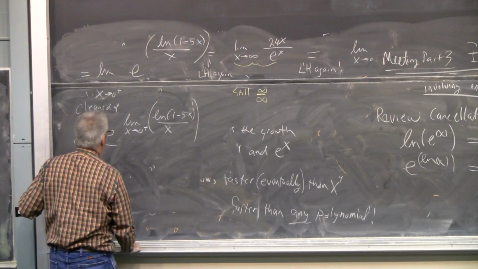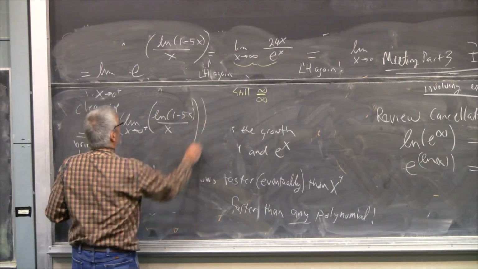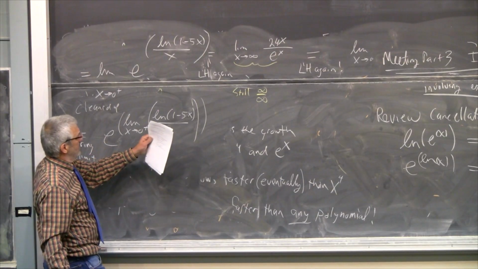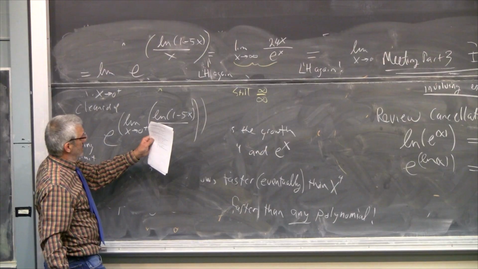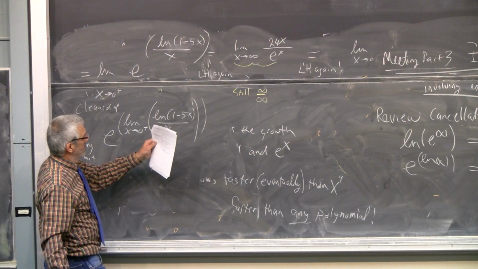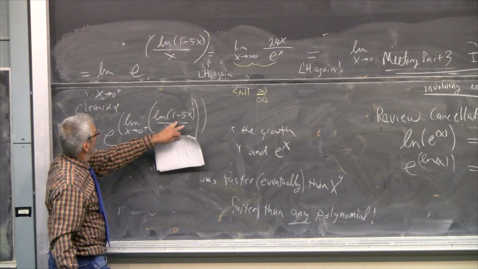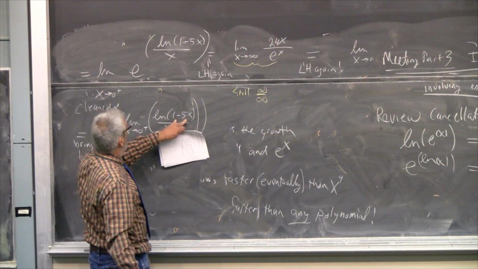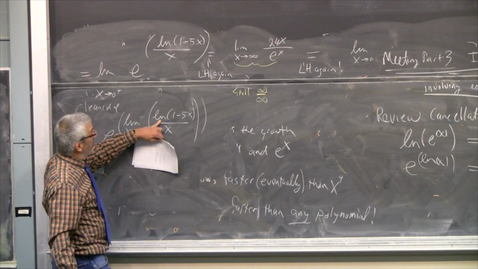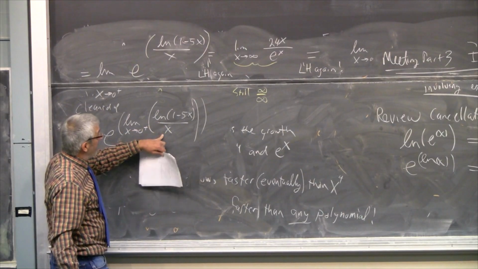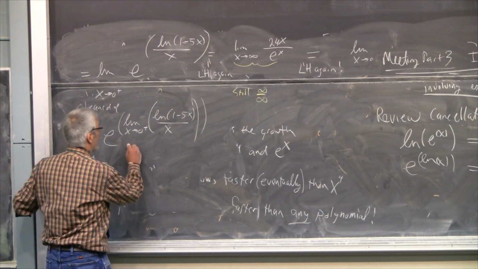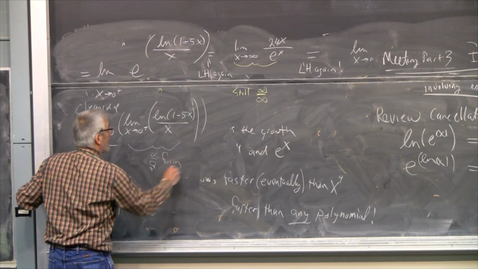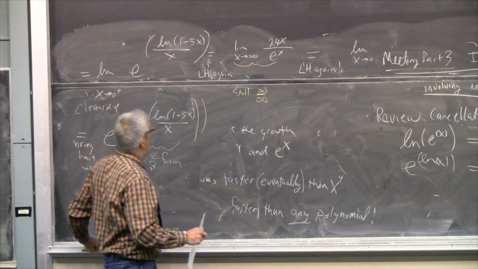But this limit is, let's see, 1 minus 5x is getting closer and closer to the number 1. So ln of 1 would be the number 0. In the denominator, x is getting closer and closer to 0. So this is 0 over 0 form. So I'm going to use L'Hopital's rule.